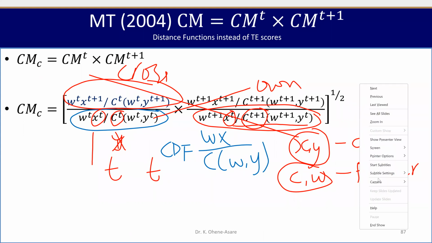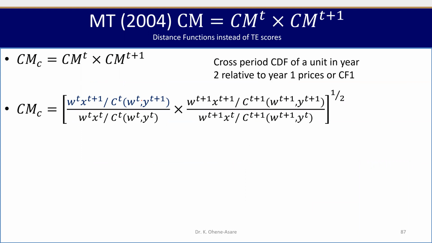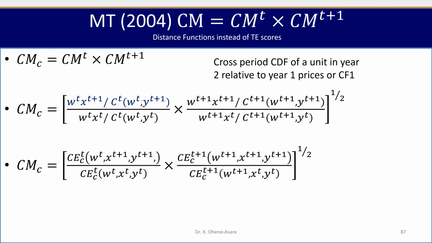But watch something. There's something you guys need to note: we can convert the top one here and call it cost efficiency. So what does the first one here mean? We have put all of them together.